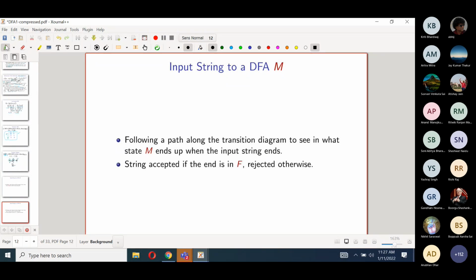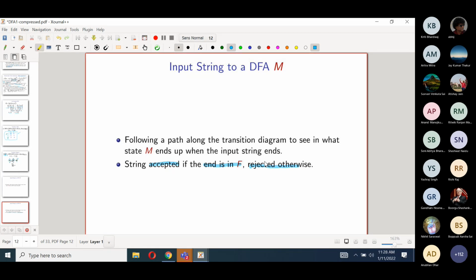Now, as somebody pointed out, we will say that a string is accepted, or that the machine is saying yes, if the end state is in F, and it is rejected otherwise, or the answer that the machine is giving is no. So this is different from the previous question. It's not necessary that you enter a final state and then have to stay in the final state. That is only determined by the transition function. The transition function has no restrictions on whether you have to stay in a final state or you can move out.